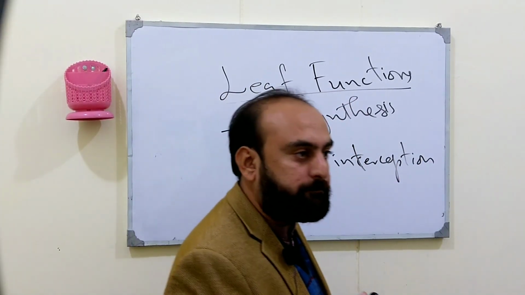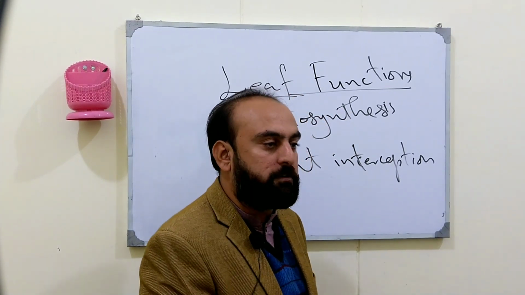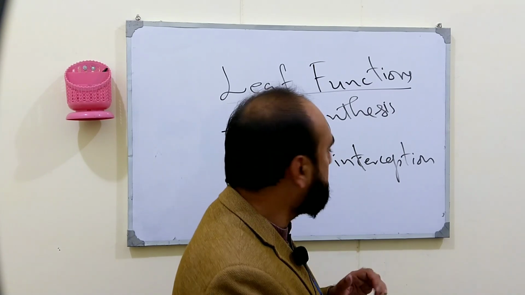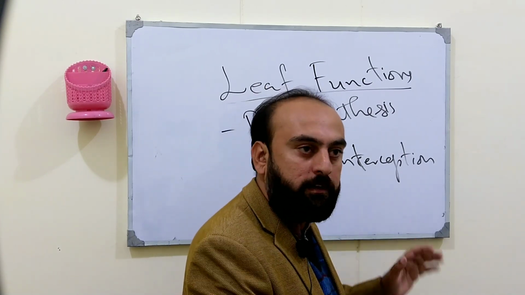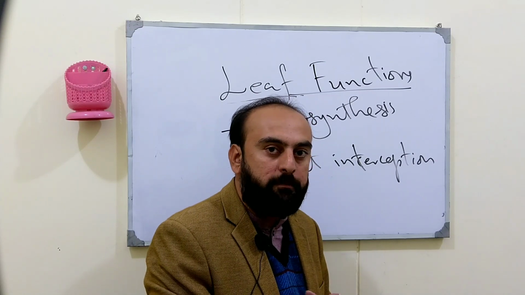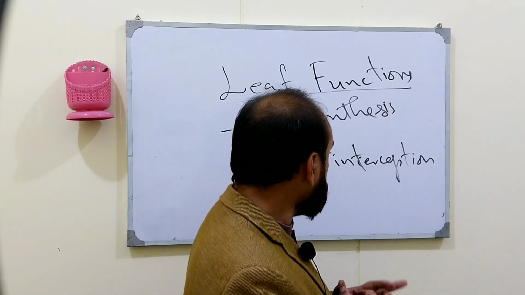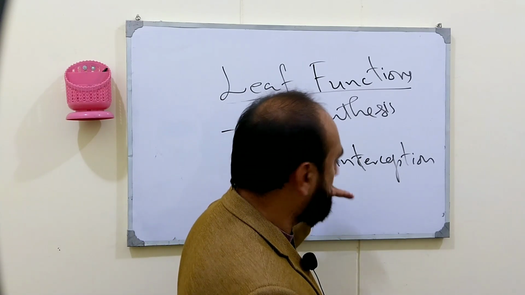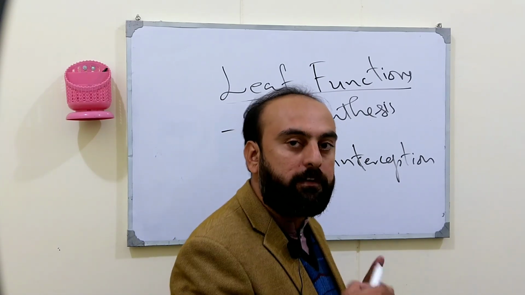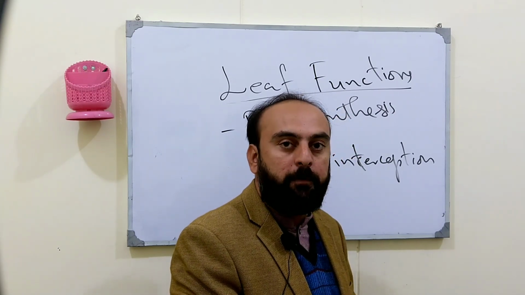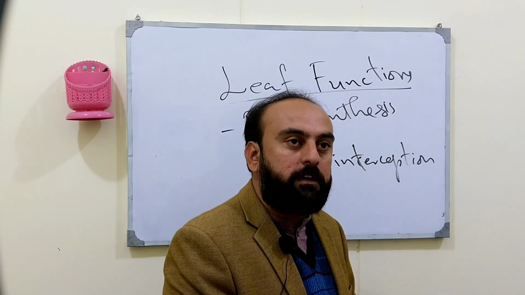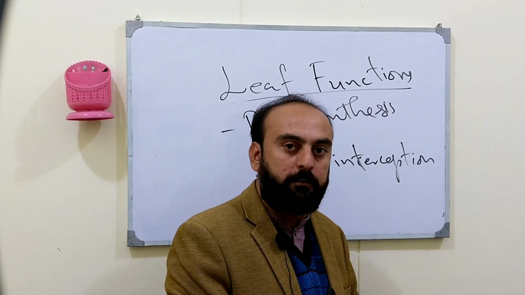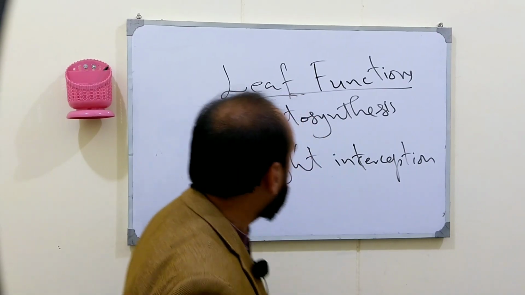They have a high surface to volume ratio, and they are very thin, projected into the air by means of the petiole. So they are ideal for light interception and for photosynthesis, and they appear green because they contain the plant pigment chlorophyll, which can absorb most of the wavelengths except green, which is reflected light.